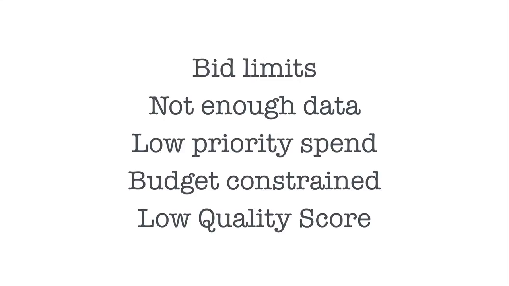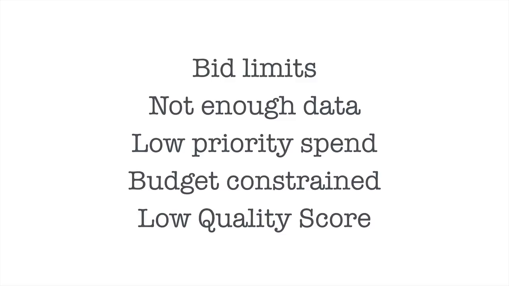Now there's some reasons too, just for the sake of completeness here, why it may be limited. So one of the other statuses that you're going to see can be limited, and there's a few reasons for that. If you're bumping up against those maximum bid limits that you set before, not enough data, low priority spend is essentially manual.